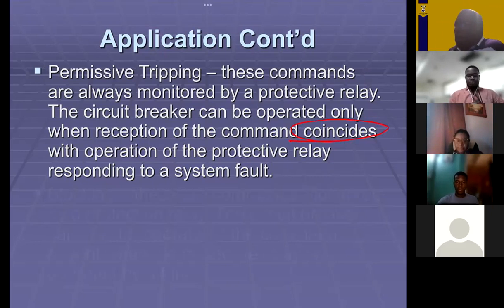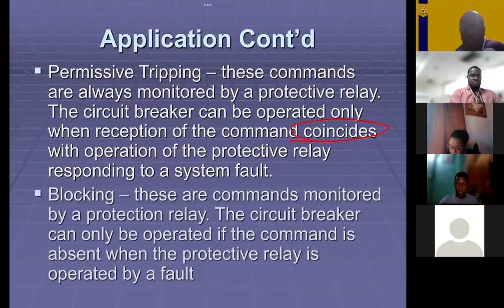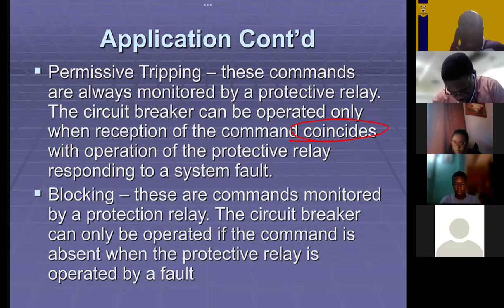All right? And then finally, for your blocking. So we have intertrip, we have permissive, and we have blocking. For the blocking, we are receiving a signal only if we are to block. Otherwise, there's nothing. So when we looked at the blocking scheme last time, what we saw was that the practical blocking scheme had a channel in service monitor.